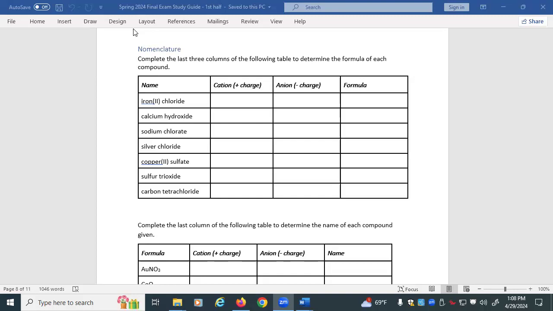So, for example, with iron 2 chloride, based on the element and the Roman numeral, I know I'm dealing with iron. Iron is Fe. And the Roman numeral 2 tells me that the charge on the iron is positive 2.